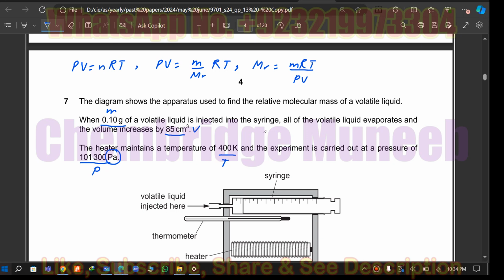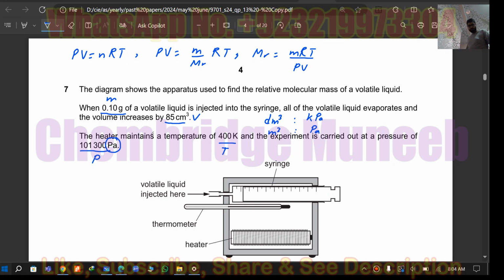If the volume is in dm cube, the unit of the pressure should become kilopascal, and for meter cube of the volume the pressure should become Pascal.